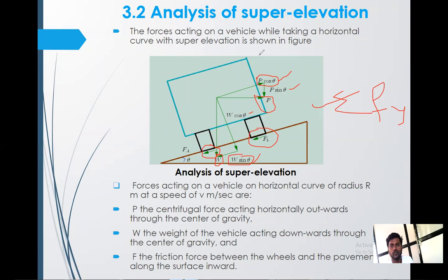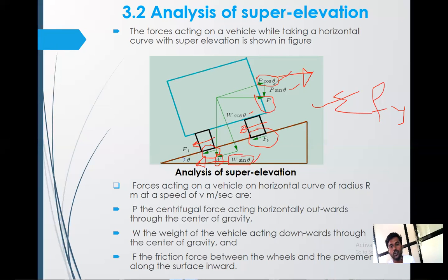But we also have to think about the direction of these forces. P cos theta is acting in the outward direction. W sin theta is acting in the inward direction. FA is also acting in the inward direction, and FB is also acting in the inward direction.